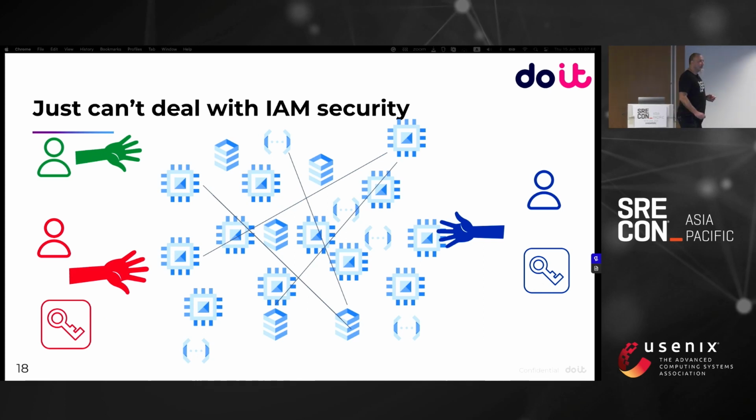IAM security, identity and access management. We group our people into groups, so developers, QA might be a couple of groups, but we also need to bundle the resources into groups to say the developers can access this and the finance team can access that. What are the groups of resources?